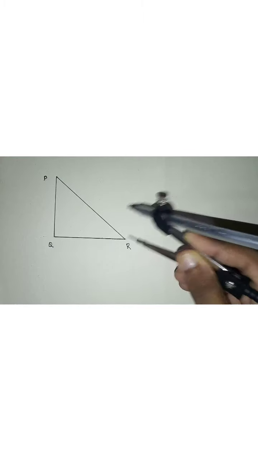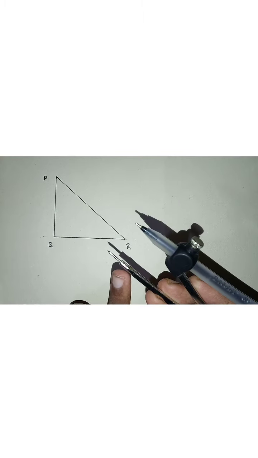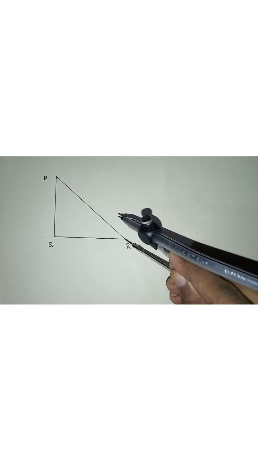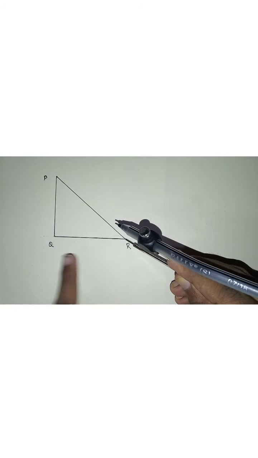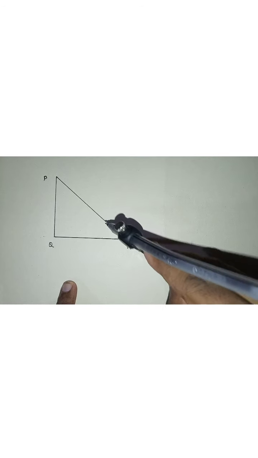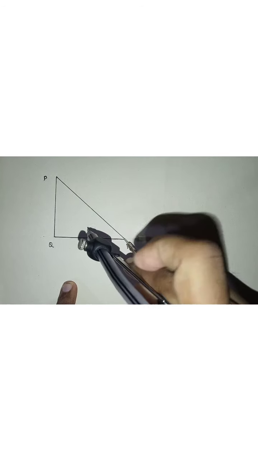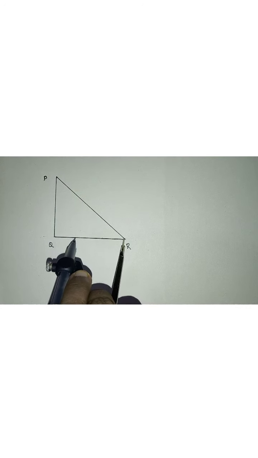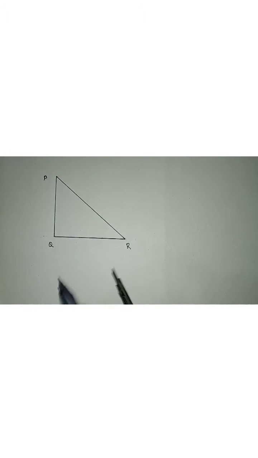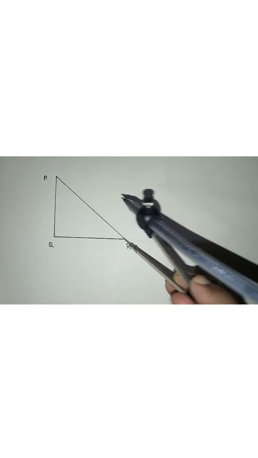For that, first I will place the pointed end of the compass on point R. I will take a distance more than half of the length of QR. So I have taken more than half. Then I will draw the arc above the line and below the line. So let's start. Let's draw the arc.